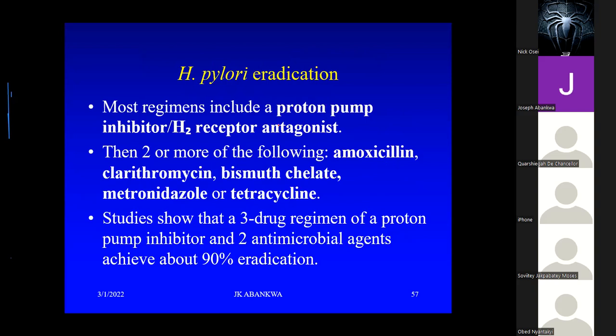So you can give a proton pump inhibitor, which is longer acting compared to the H2 receptor antagonist, and then you add two or more antibiotics. Studies show that a three-drug regimen of a proton pump inhibitor and two antimicrobial agents can give 90% eradication of Helicobacter pylori.